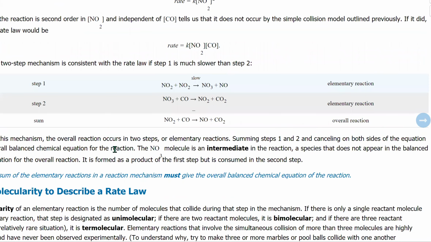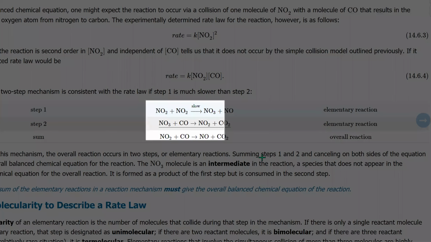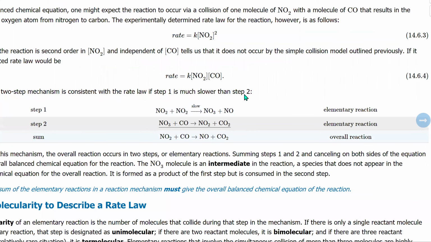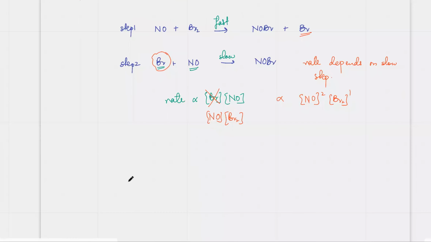So let's talk about this reaction. I'm just going to copy this. And they've given us this slow step, right? So here's my other example.